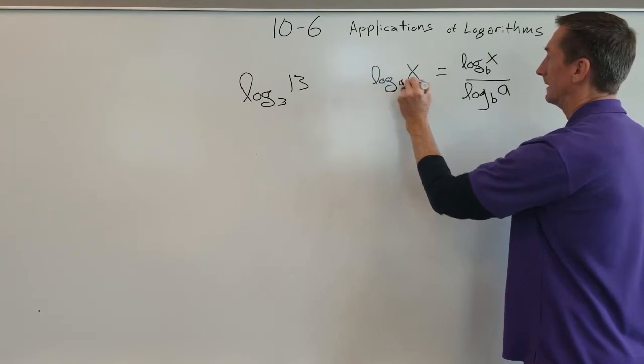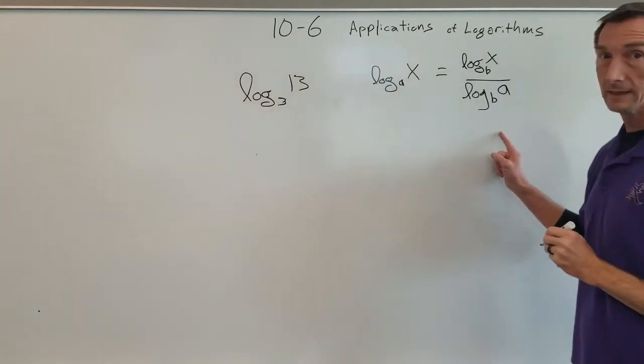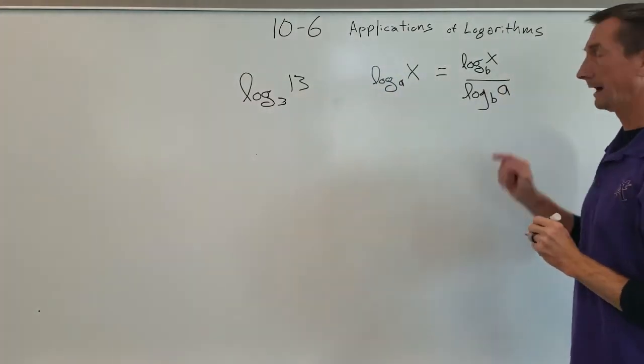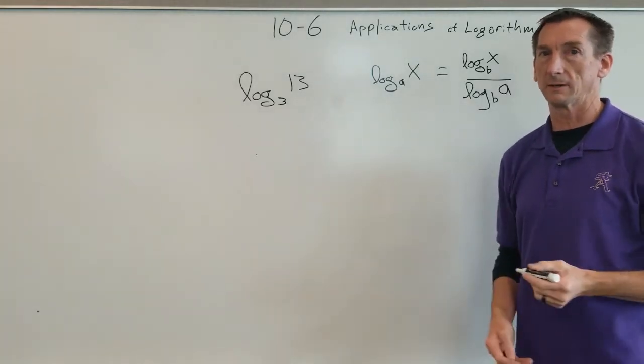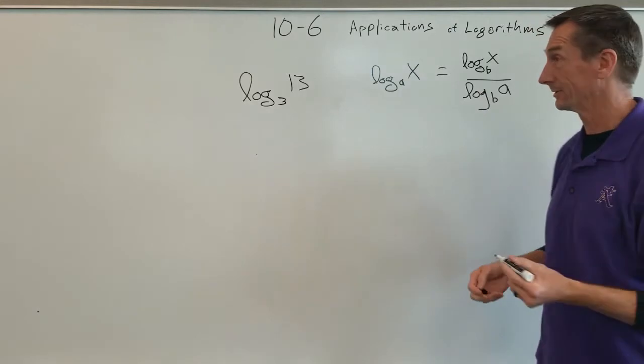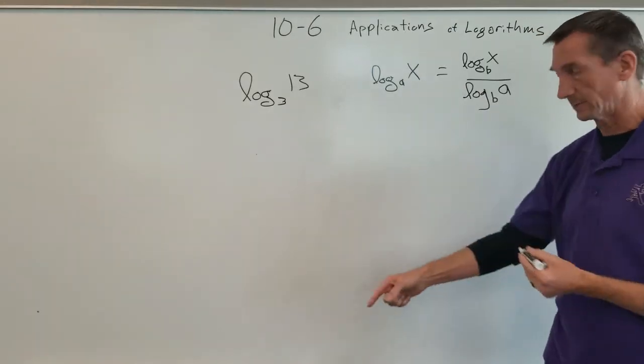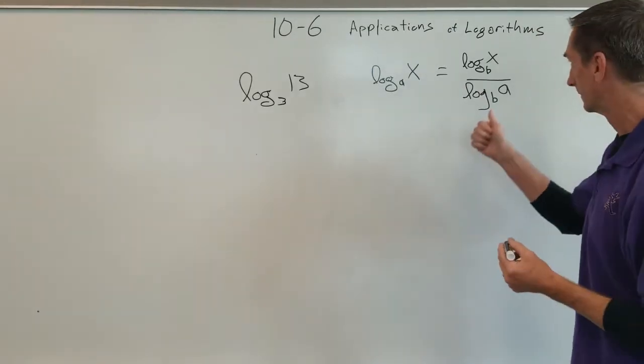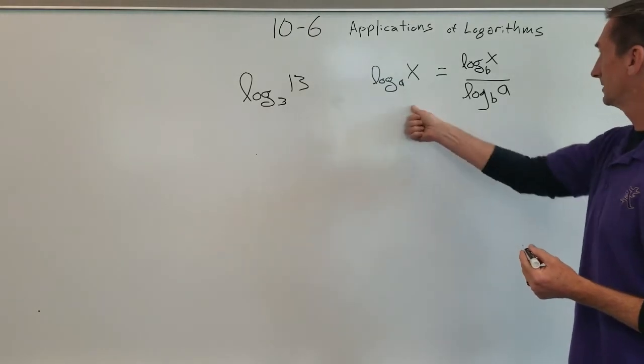Okay? So the good thing is this b right here, I can choose. I can choose any base I want. So guess what base I'm going to choose? Yeah, I'm going to choose common log because that's what my calculator will solve. So there's our change of base formula.